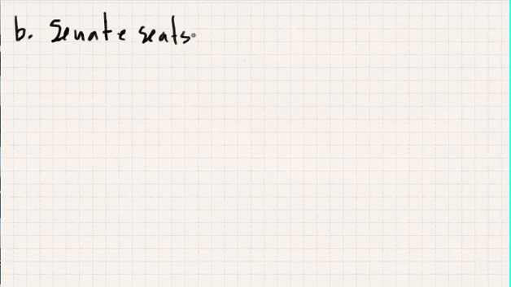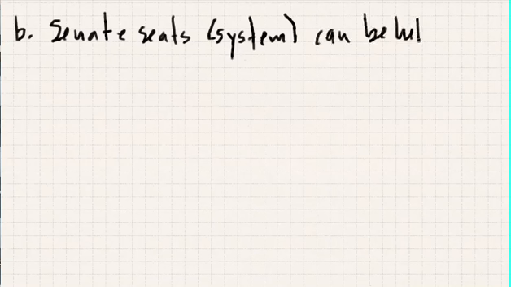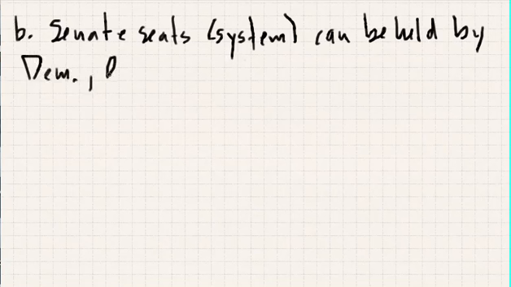Let's look at another thing: Senate seats. Each Senate seat is a system which can be held by a Democrat, a Republican, or an independent.